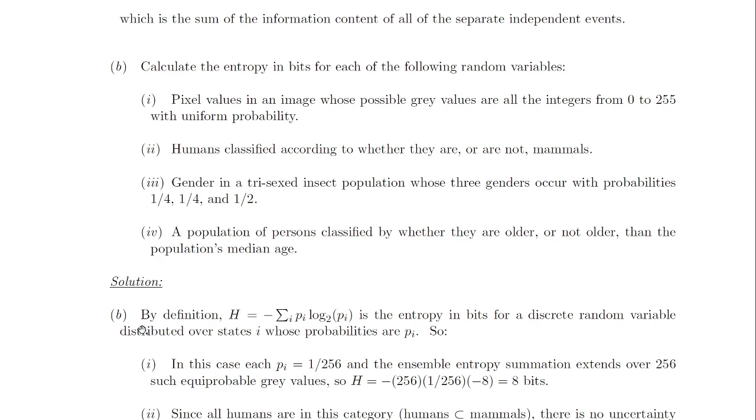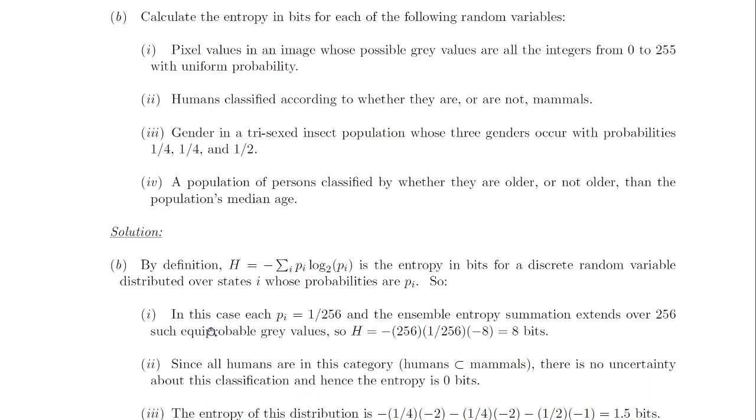That all follows, as you've seen already, from the basic definition of entropy. And of course, in this particular subpart, each of the pixel values has probability 1 divided by 256. So you have a sum over 256 cases, each of which has the same term in front. It's probability 1 divided by 256 times the log base 2 of that same probability, and that all works out trivially to 8 bits as the entropy for pixel value in such an image.